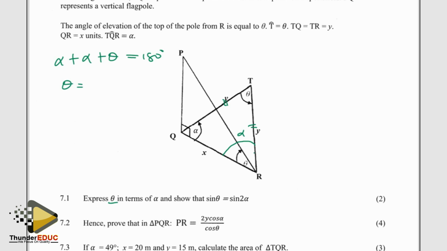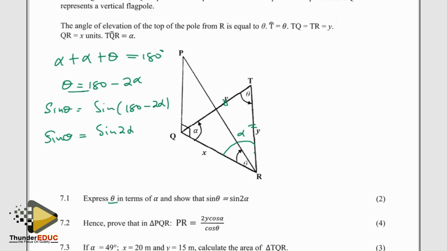So theta is going to be 180 minus 2 alpha. Now if I introduce sine on both sides, I will have sine theta is equal to the sine of 180 minus 2 alpha. When I reduce this, it's going to give me sine 2 alpha. So that is the same as that. So that's what they wanted.